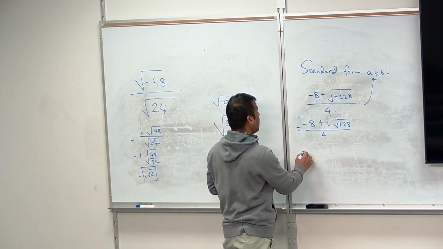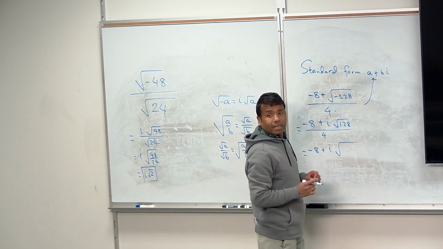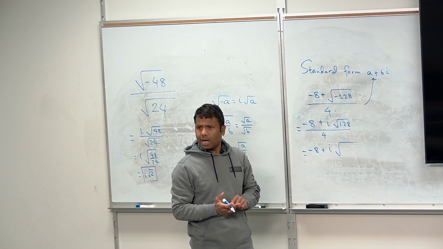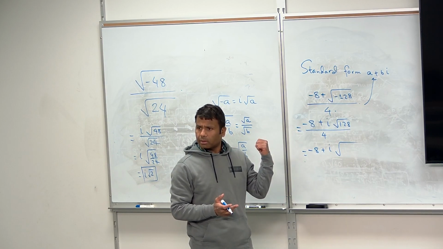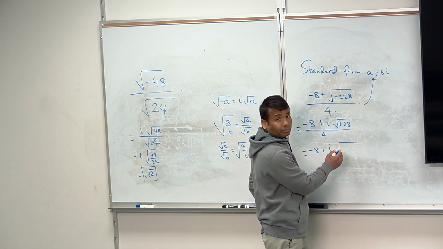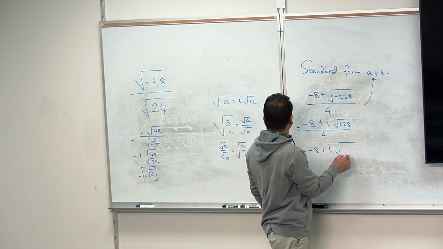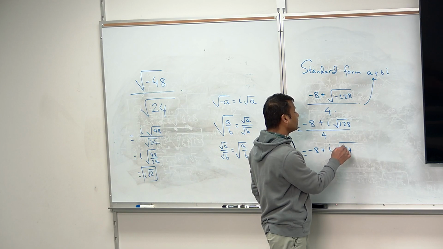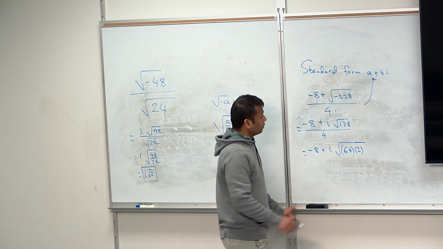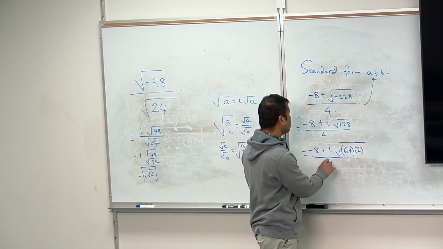Right? And now this is negative 8 plus i. And remember this 128, we can rewrite this as a product of a square number and another number. Remember we did that just 5 minutes ago. So what will that be? Remember 64 times 2, because 64 is a square number. And now this over 4.